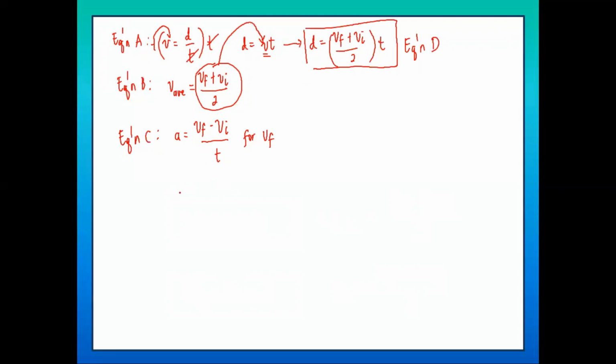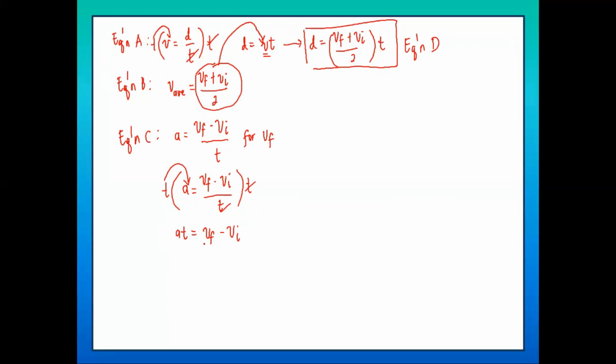We have to again multiply both sides by T para mabago yung fractional side ng equation, which is this part. So, multiply natin both sides by T para ma-cancel to. So, distribute this or multiply, that becomes AT is equal to V sub F minus V sub I. So, hopefully nasusundan si Sir.